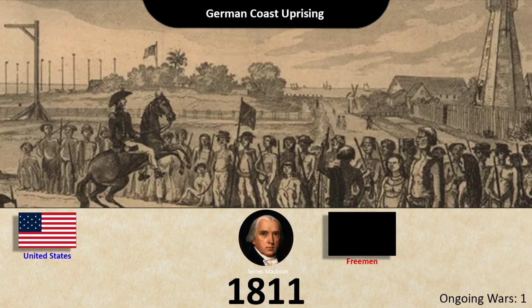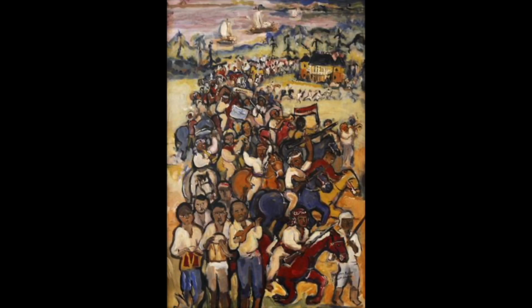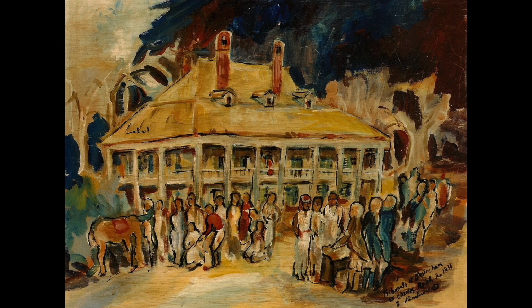Now, later that year, in 1811, we'd get the German Coast Uprising, and this was known as one of the largest uprisings in U.S. history. And basically, between 100 and 130 enslaved men would march from sugarcane plantations towards the city of New Orleans, and they collected more men along the way. And some accounts said that there were around 500 enslaved people that had participated.